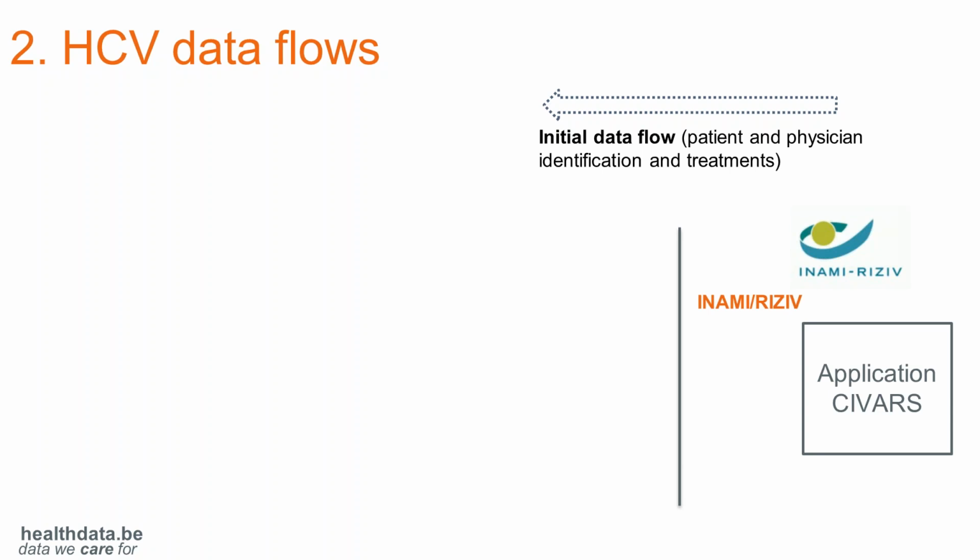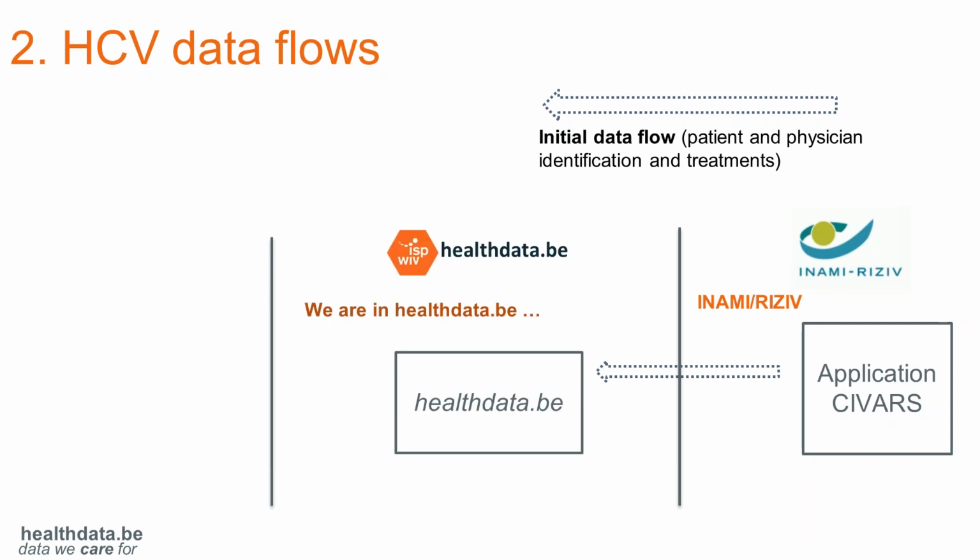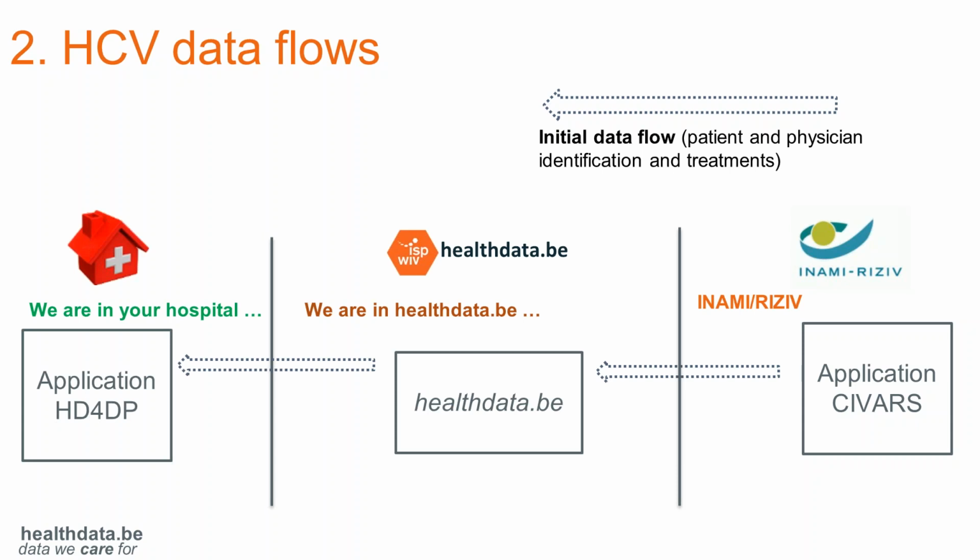The data initially contain some patient information and the physician information, and also treatments against hepatitis C. So we extract this data from CVAS, and we have managed to store them and to send them within your application HDFODP. So that's the initial data flow.